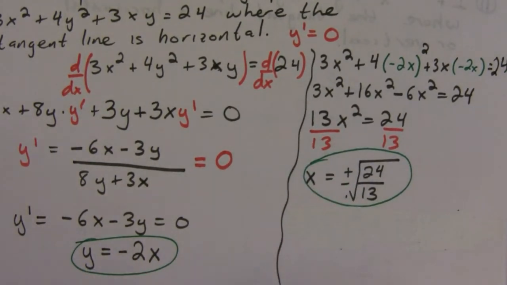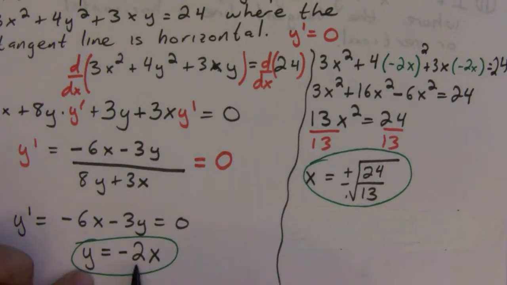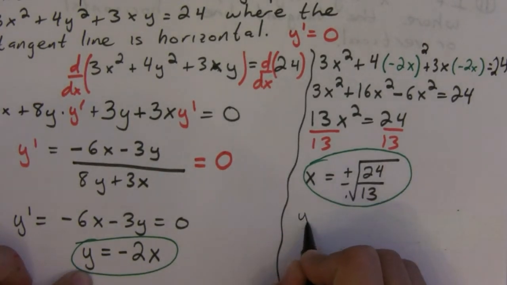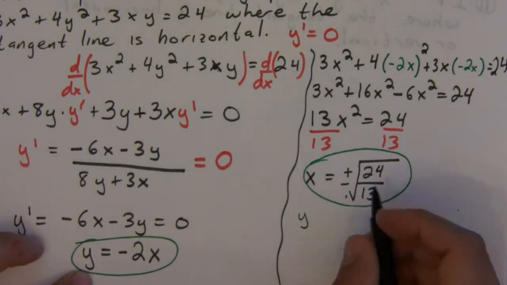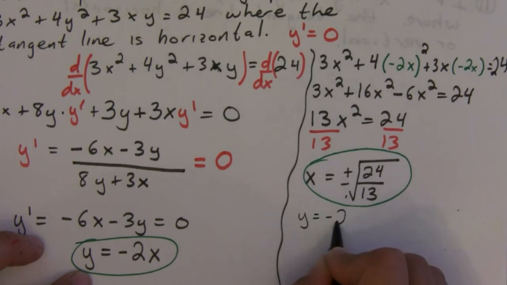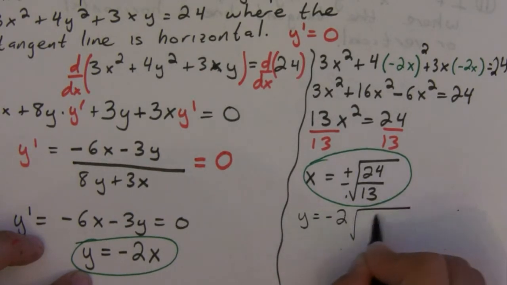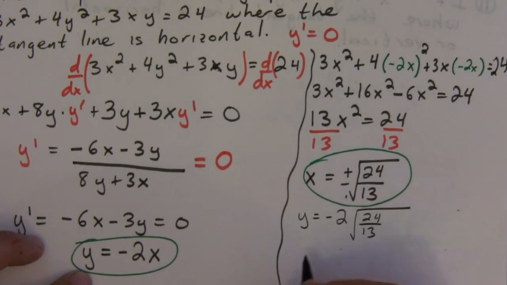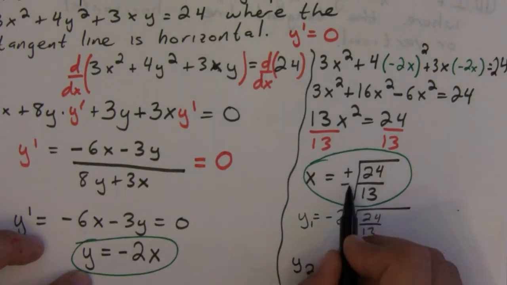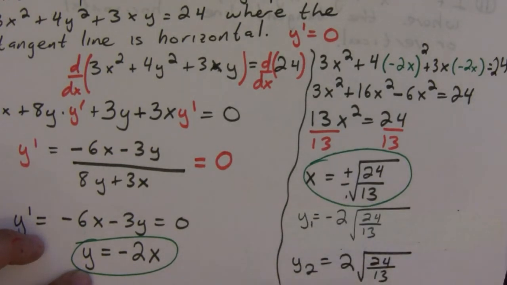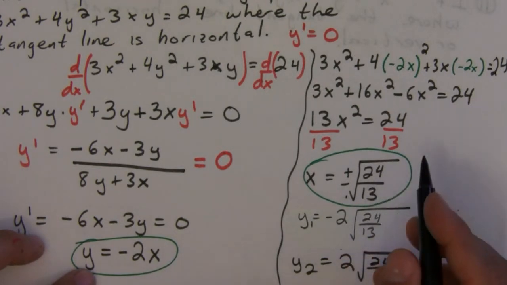Okay, and then to find the y values, that's easy because I know y is equal to negative 2x. So if x is equal to positive square root of 24 over 13, y is equal to negative 2 times the square root of 24 over 13. We'll call this y1, and then the second one would be positive 2 square root of 24 over 13. So here we have two x values and two y values.